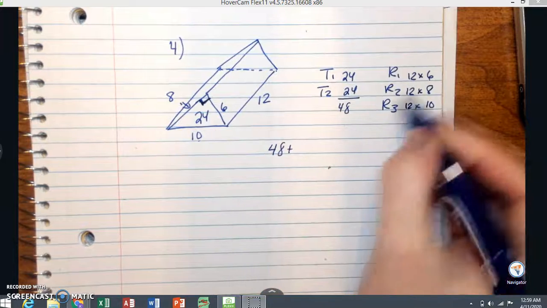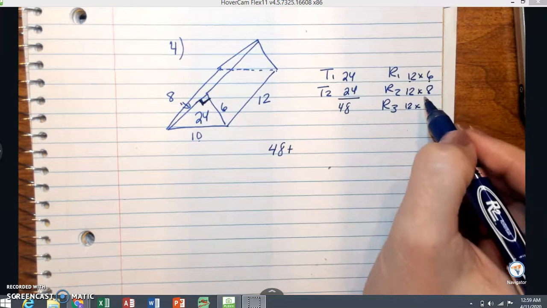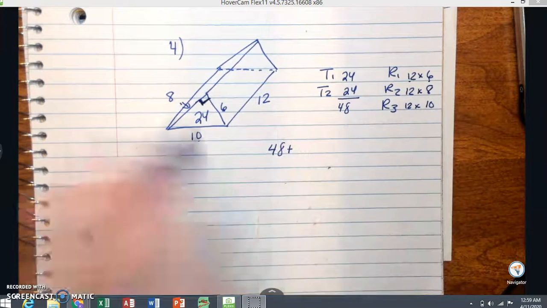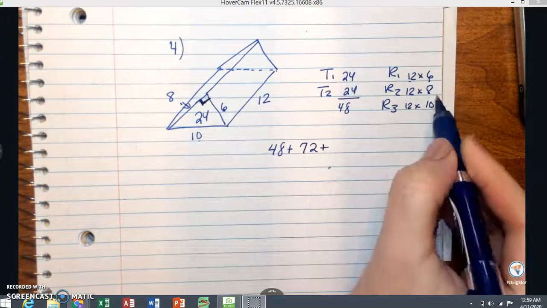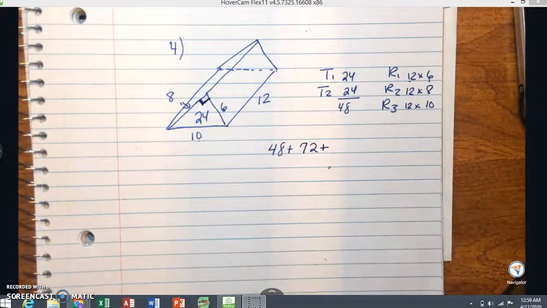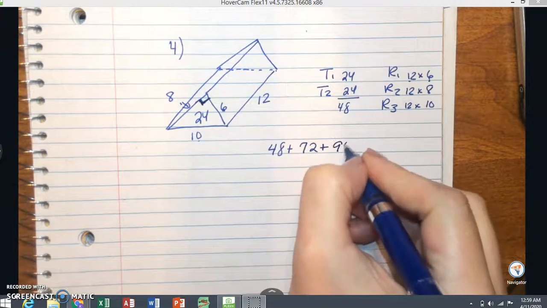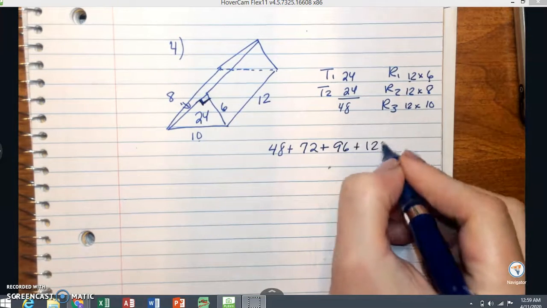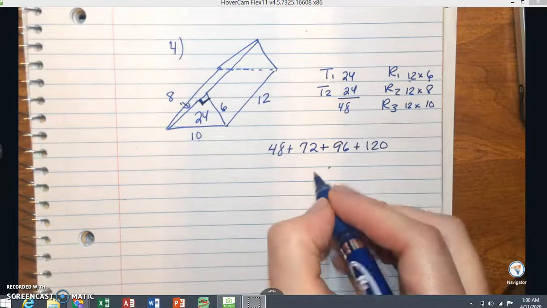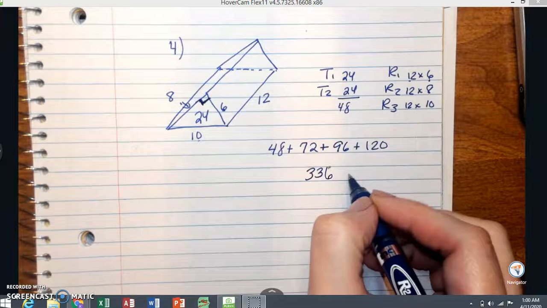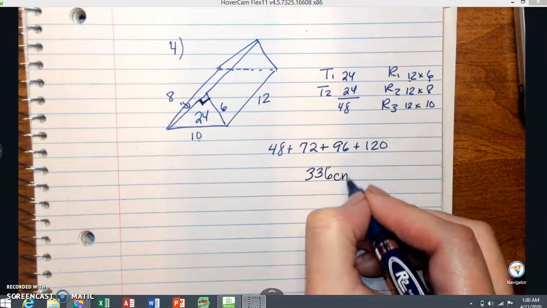So 48 plus 12 times 6. Then 12 times 8. And then 12 times 10. And then you'll add those together. 48 plus 72 plus 96 plus 120. And you should get 336, and that would be centimeters squared.